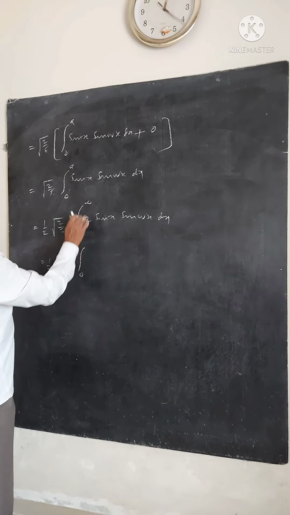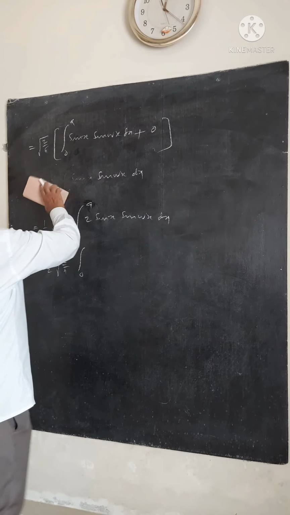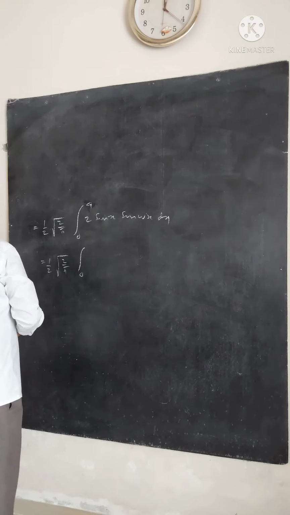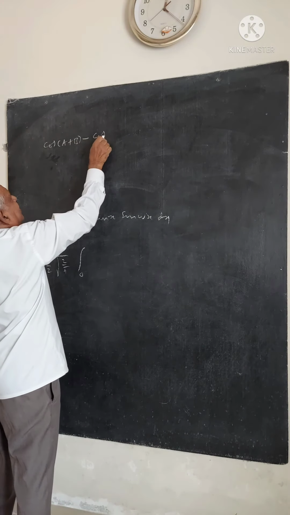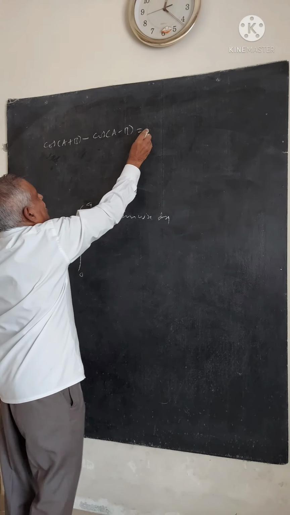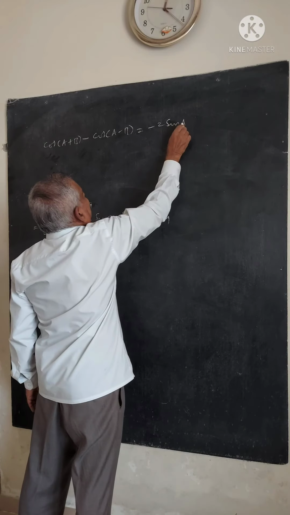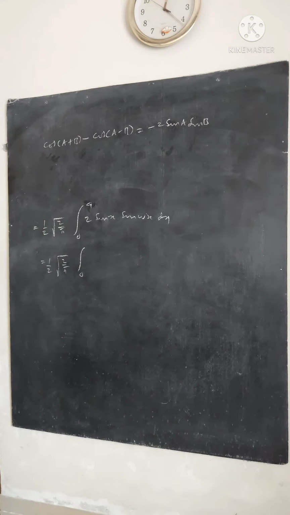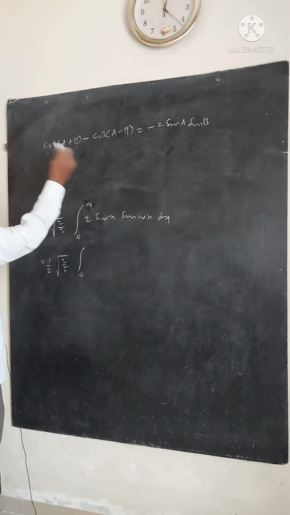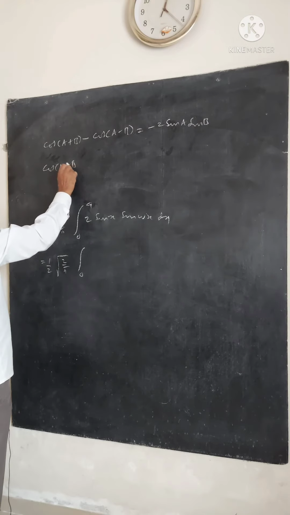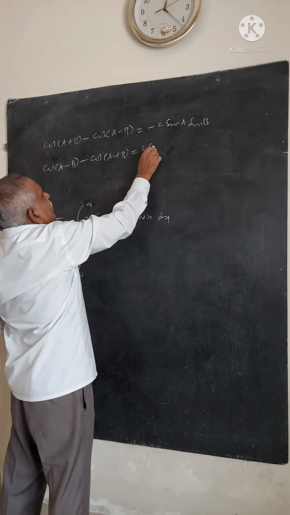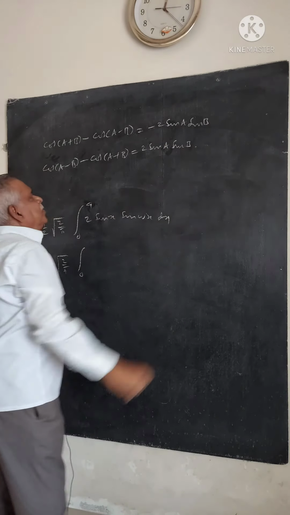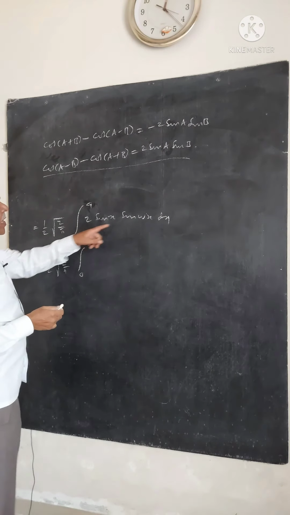There is a trigonometric formula: cos (A plus B) minus cos (A minus B) equal to minus 2 sin A sin B. Changing the sign, cos (A minus B) minus cos (A plus B) equals 2 sin A sin B.